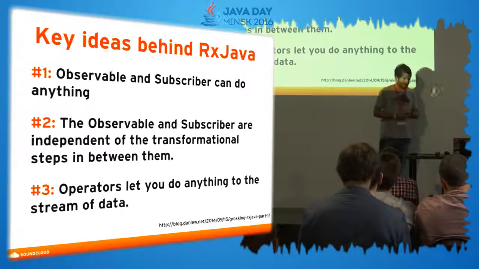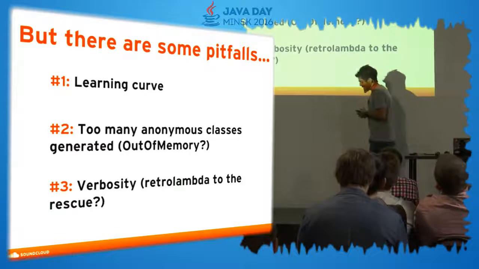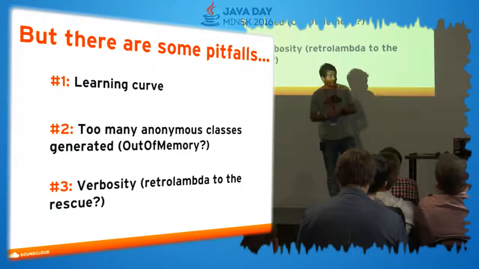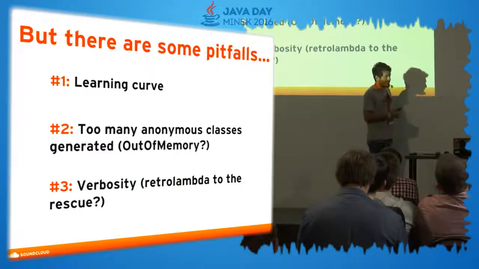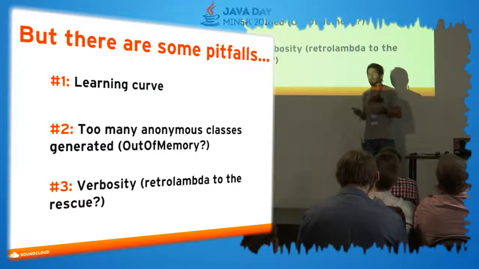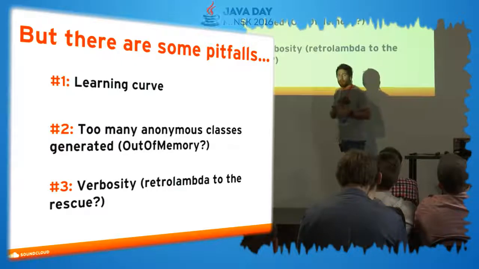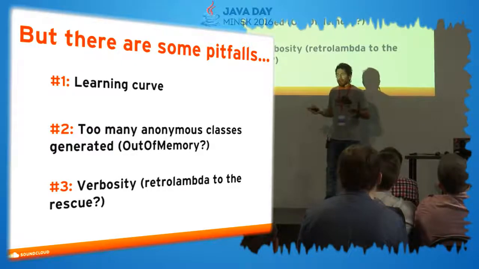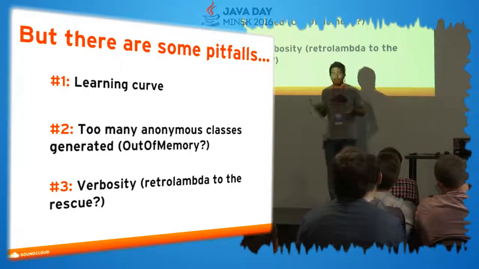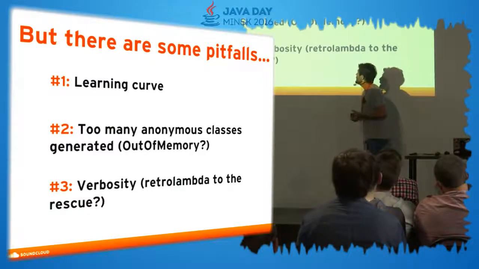But of course, all that glitters is not gold. There is some learning curve. If you're not familiar with functional programming, it takes a little while to get up to speed. In our case, when we have new people, it takes around three months to get up to speed because of the size of our code base and the way we are using RxJava in our Android code base.